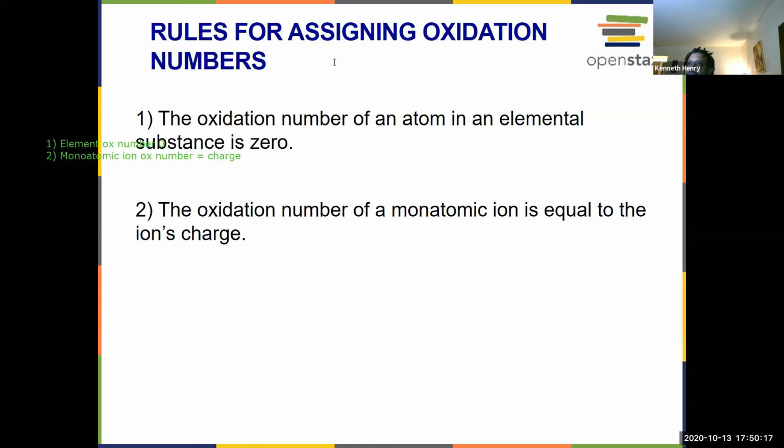Okay, so our next two rules, as I told you, we had hydrogen.